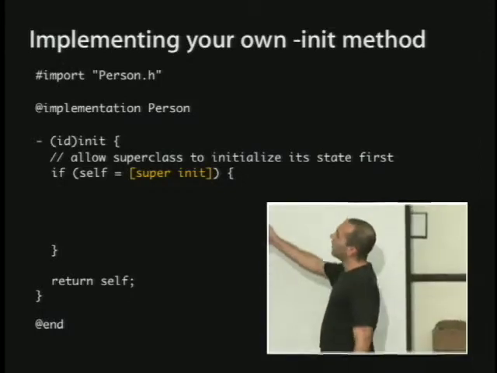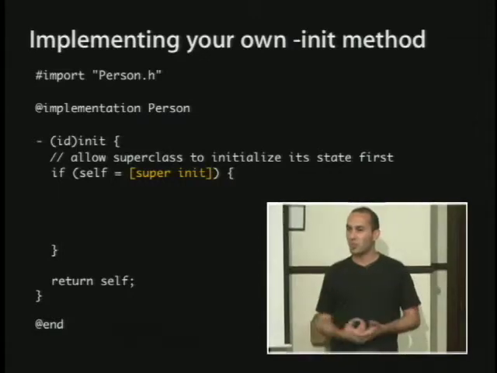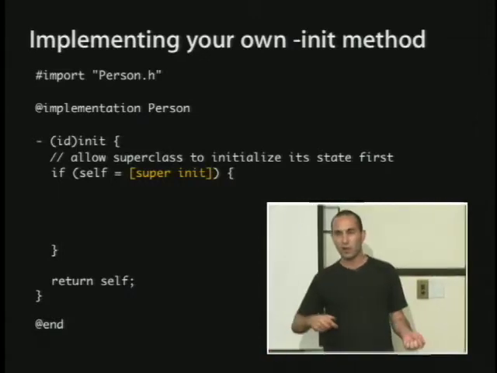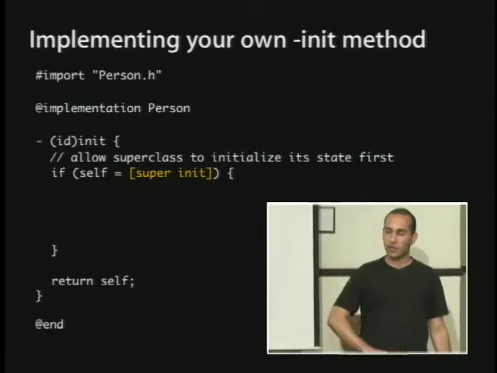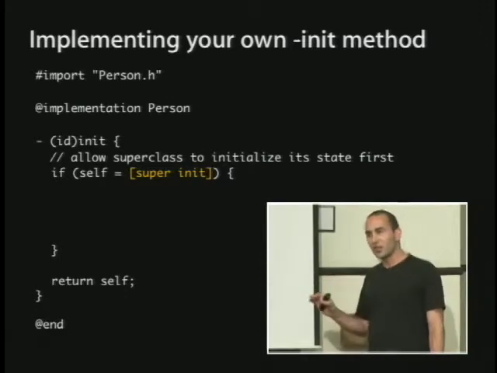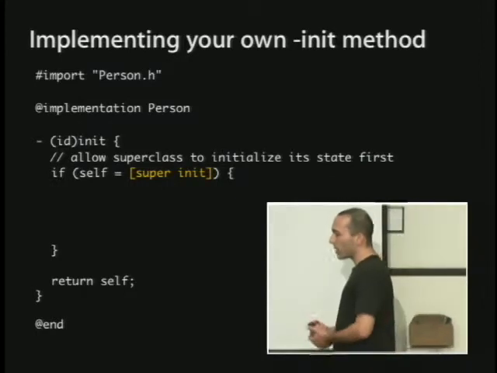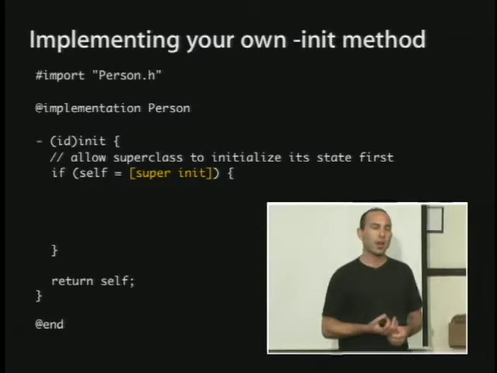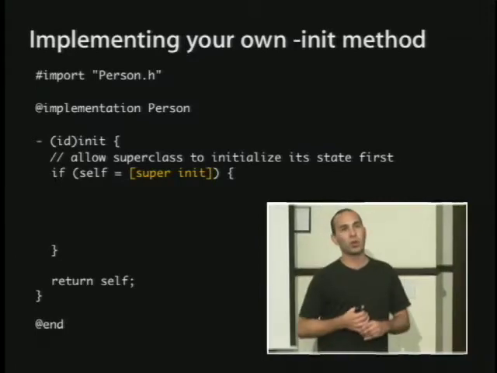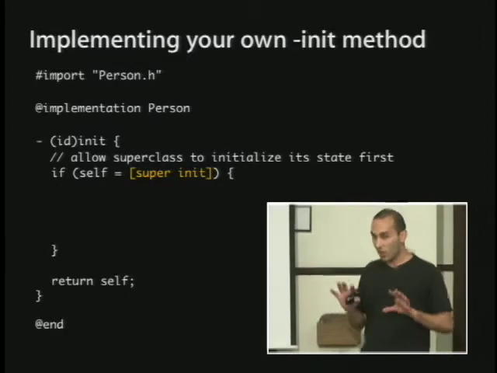Now, the reason we do this may seem a little peculiar. You just allocated the memory. Why do you need to assign something to self? In some very rare cases, init will actually change the instance of the object that it returns to you. So let's say you have some collection that wants to check to make sure it's a unique object. There's rare cases, and I wouldn't worry about it in this class.